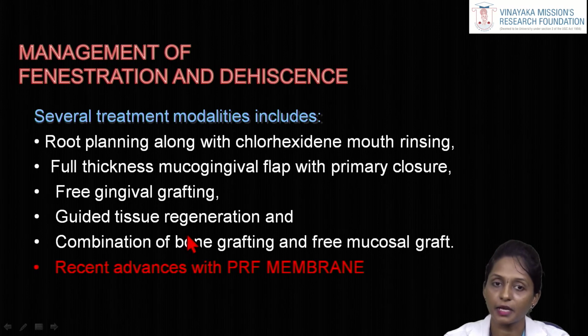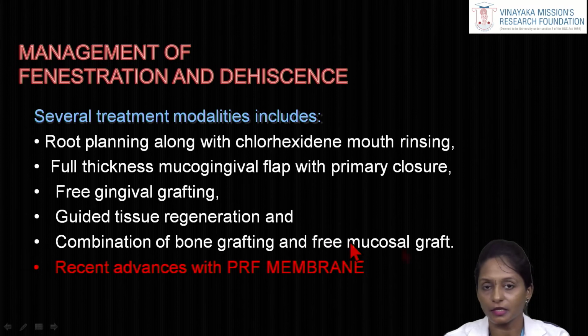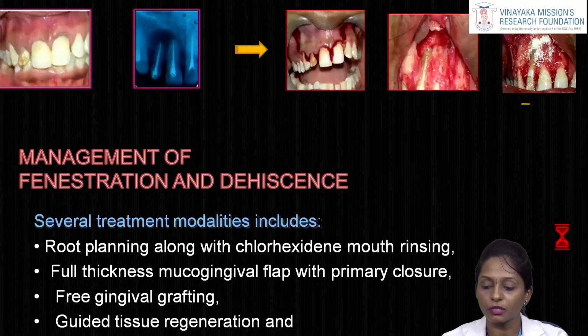You can take a membrane and place it on the defect, then close the flap and suture back. Then comes a combination of bone grafting and free mucosal graft. The last one is the recent advance with a PRF membrane, which I have done in our college during my PG time. Let me show you the pictures of that.